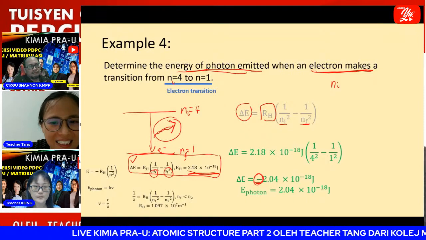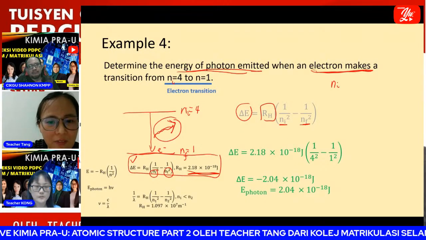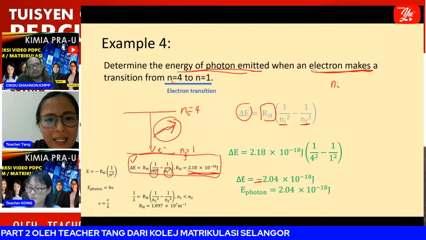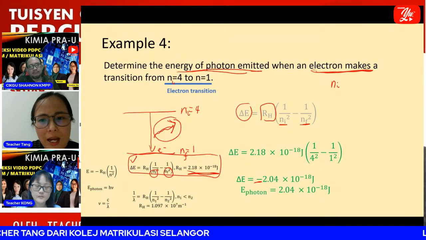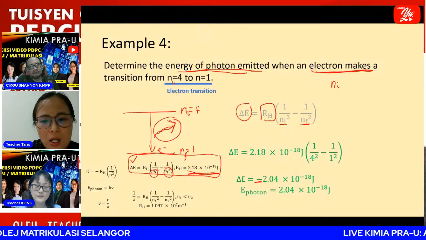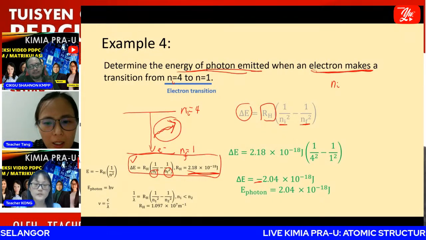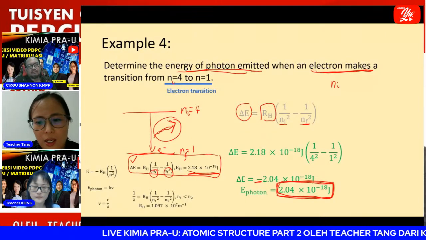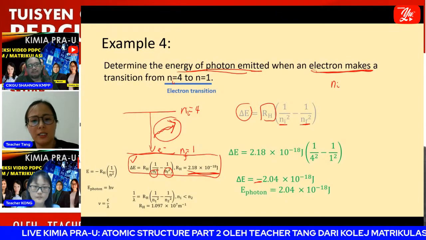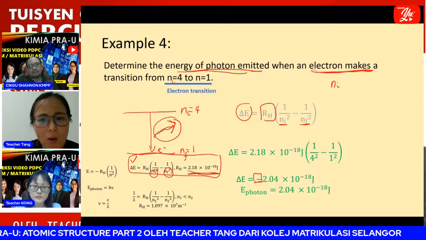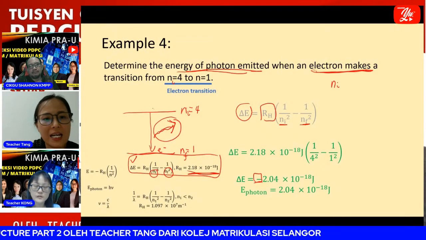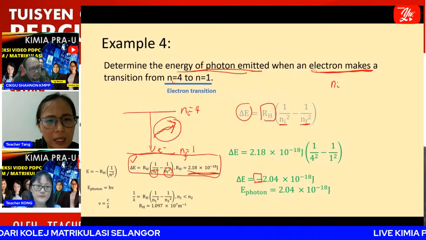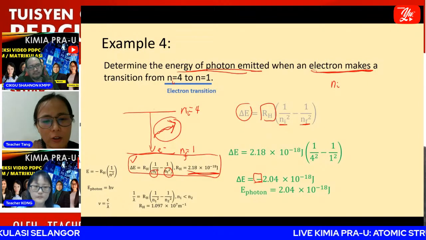That's why it's negative. But the energy of the photon has no direction, so we just write the magnitude of it. This negative just tells us that when the electron moves from a higher energy level to a lower energy level, a photon is emitted.